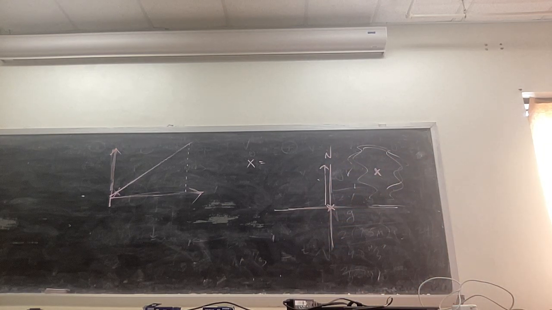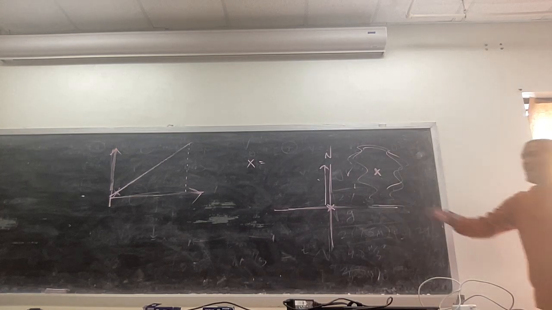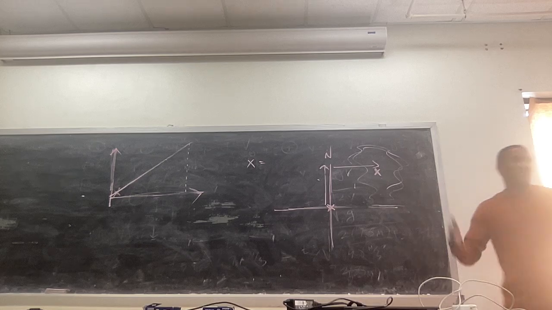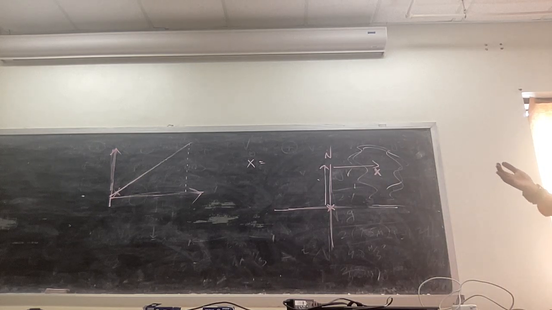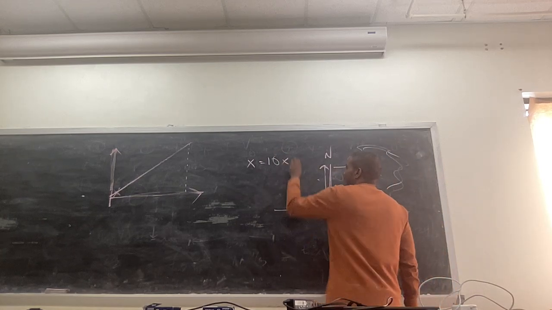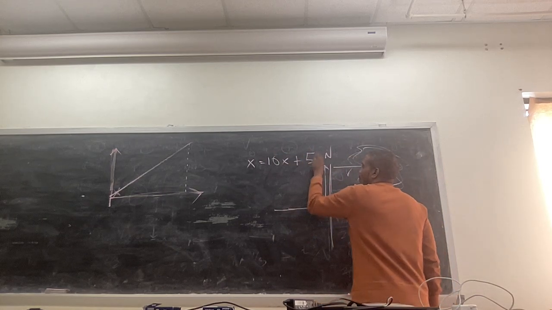That's what I'm calling back to the headquarters saying, hey, I'm lost in the bushes. I don't know where I'm at, but I remember I went 10 miles north and I went what? 5 miles east. So we describe that position vector as what? 10x plus 5y.